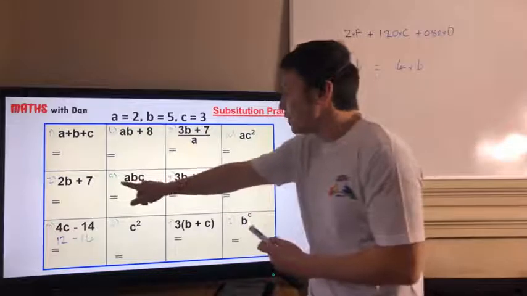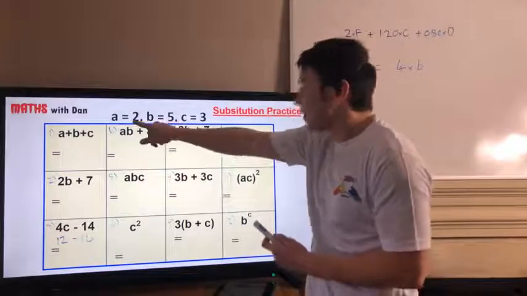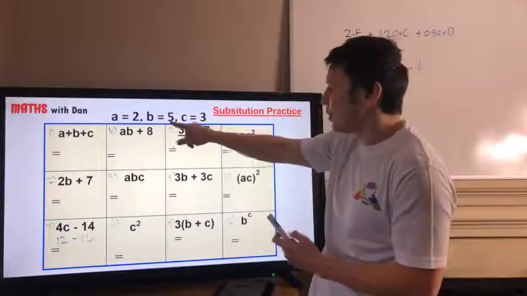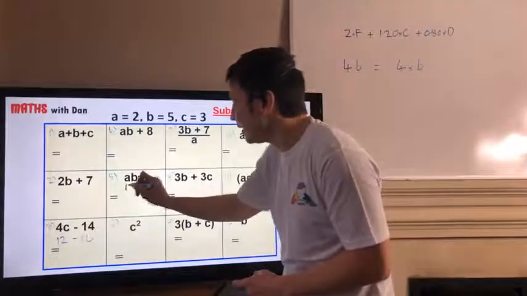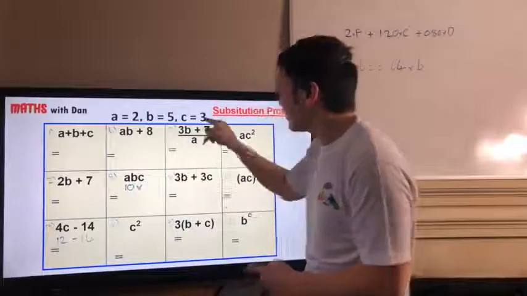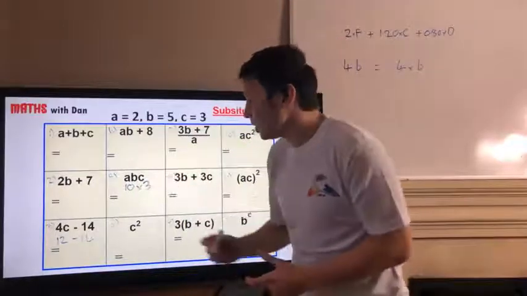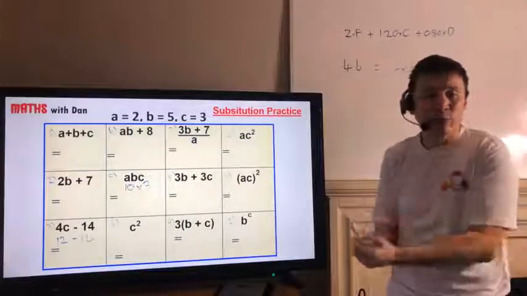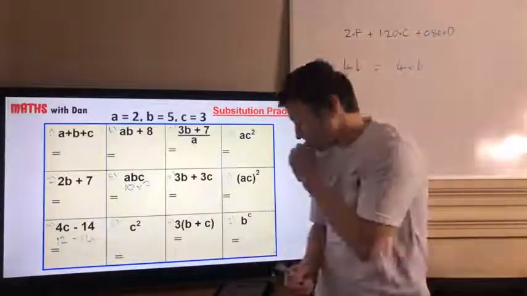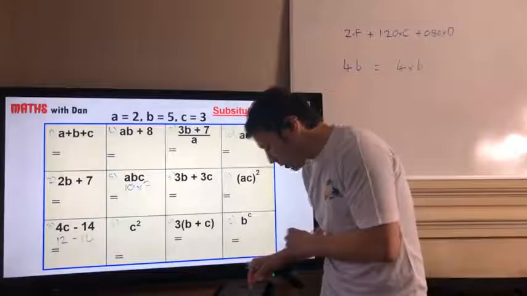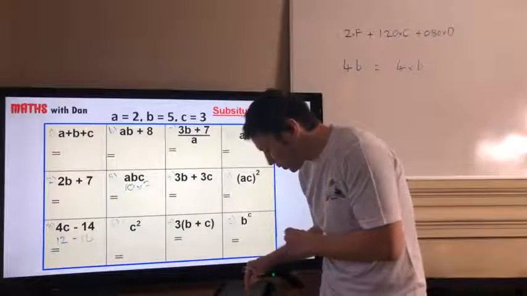So question 5, you're going to do A times B. So you're going to do 2 times 5 first, and then I write down the answer. So A times B, 2 times 5 is 10. You're then going to have to times that by your 3, aren't you? So if you do it bit by bit, when you multiply, just go from left to right. So do the first 2 and then the next 2. Hopefully that helps you with question 5.